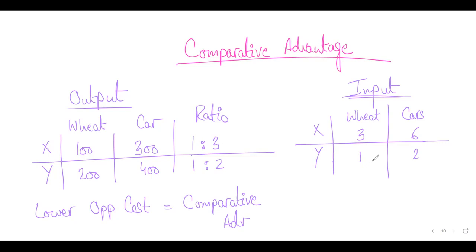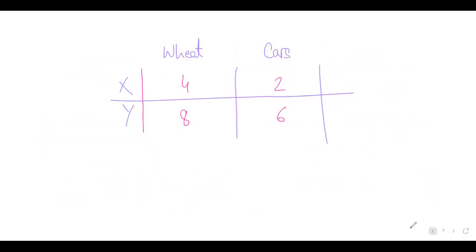So if X needs 3 inputs to produce wheat, whereas Y needs 1 input to produce wheat, which country would have comparative advantage? Did we do it the same way? So in the case of inputs, right?